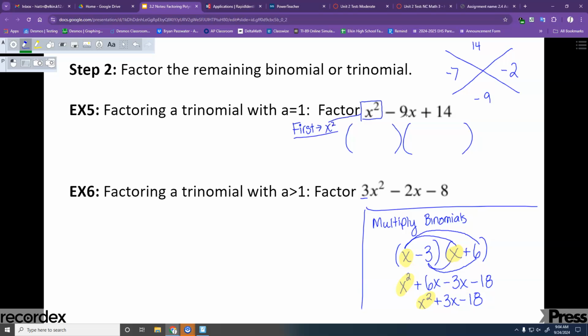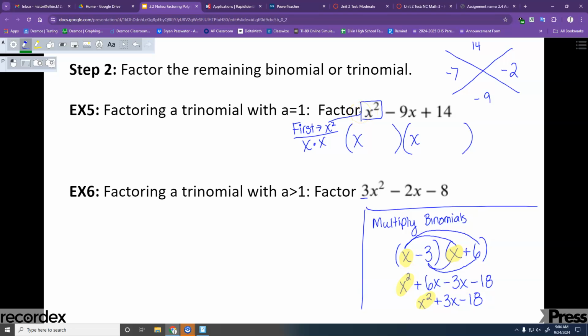What two things can I multiply together to get x squared? X and x. That's really my only real option, right? So I'll put x here and x here. It's much easier to factor whenever you don't have a number in front of your x, okay?